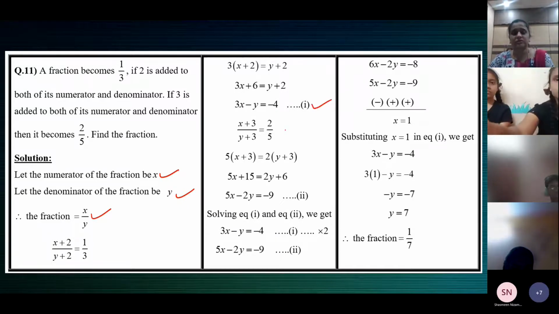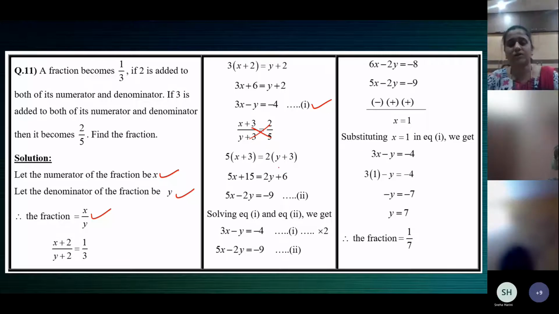Then from the second information, when you add 3 to numerator and denominator, it becomes 2 by 5. Again cross multiply: 5 into x plus 3 is equal to 2 into y plus 3. Then get the x and y terms on one side, constant on the other side. So both these equations are linear in x and y.